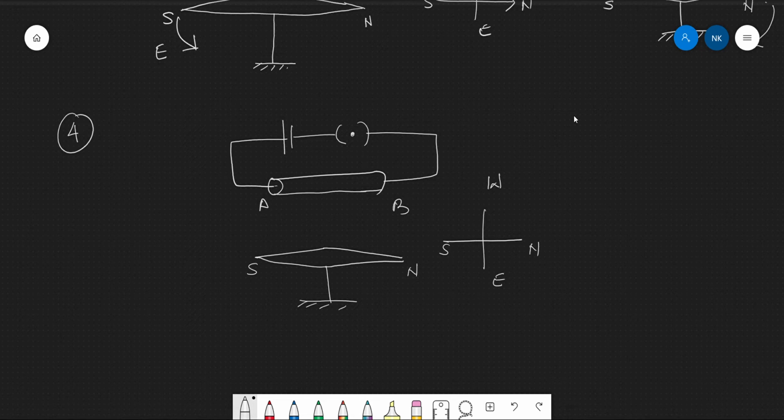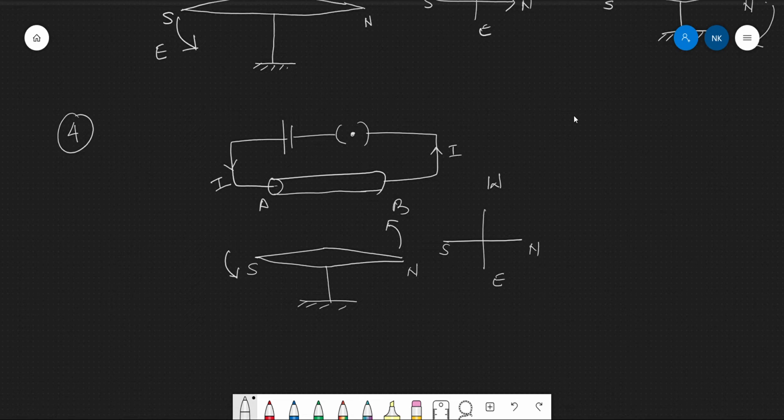Now, once I close the key, as you all know, the current will flow from A to B. As we discussed in the first case, the north has to turn towards west, and the south has to turn towards east.